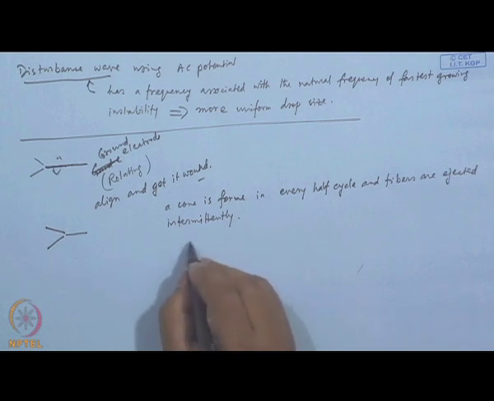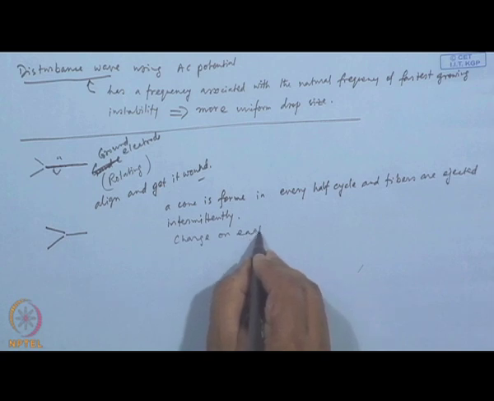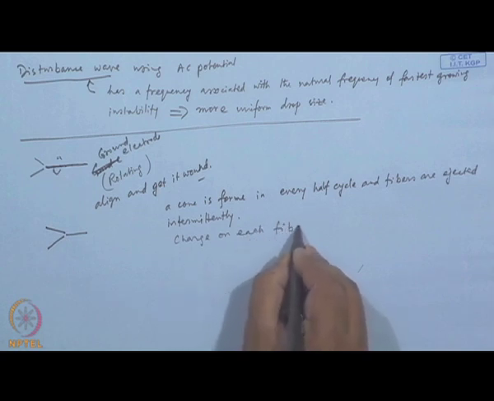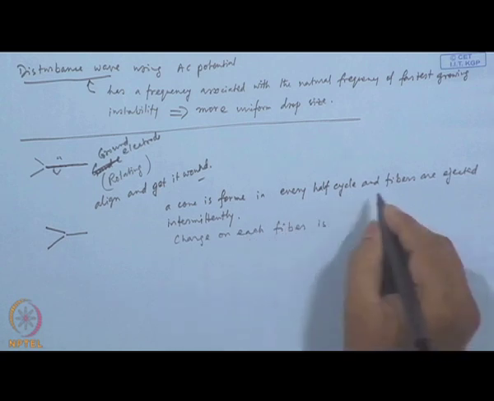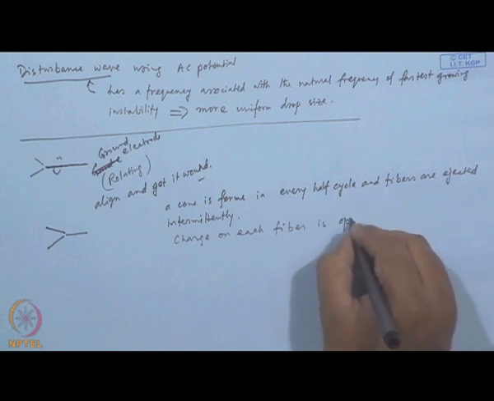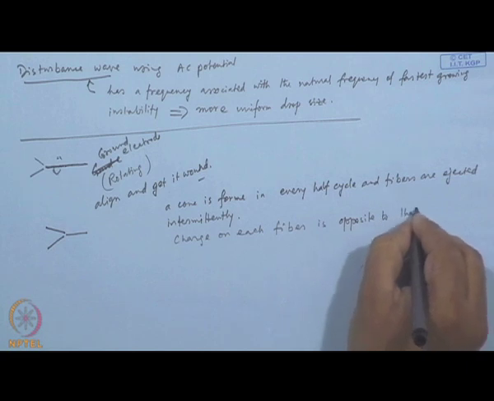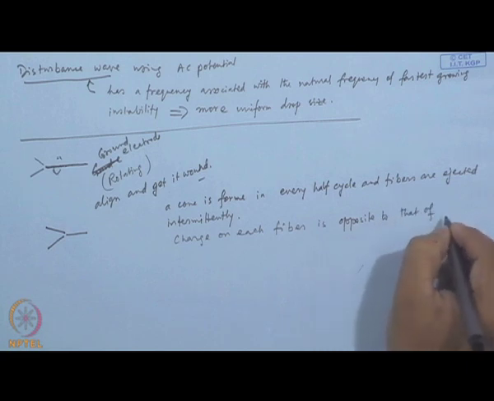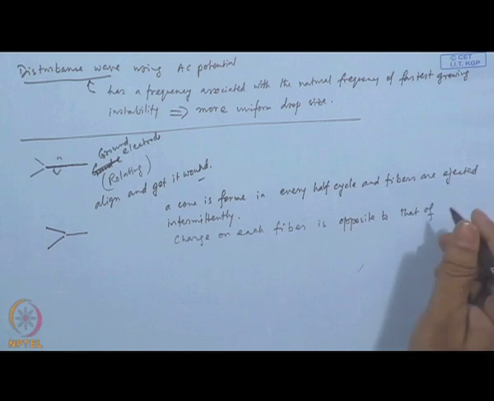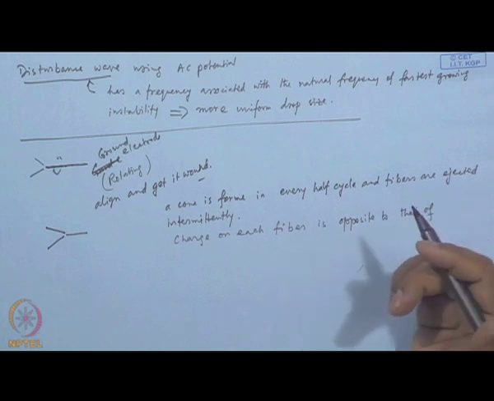And moreover, the charge on each fiber is opposite to that of the earlier fiber that has come out, because there is this AC field.